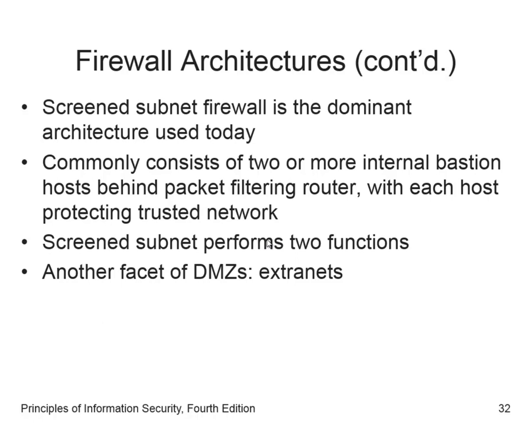Connections from the outside or untrusted network are routed through an external filtering router, and then into and out of a routing firewall to the separate network segment known as the DMZ. Connections into the trusted internal network are allowed only from the DMZ bastion host servers.